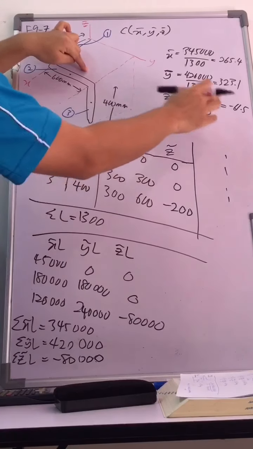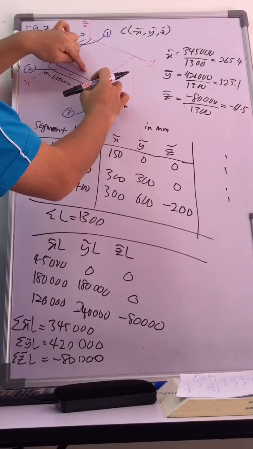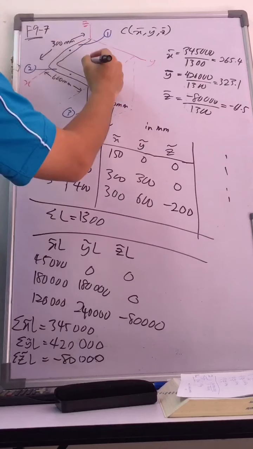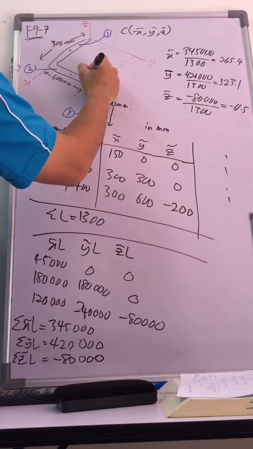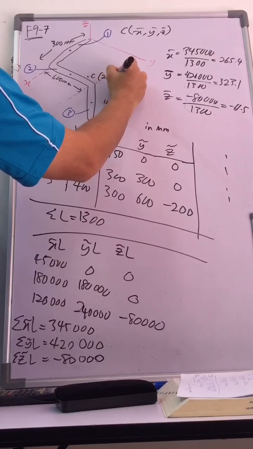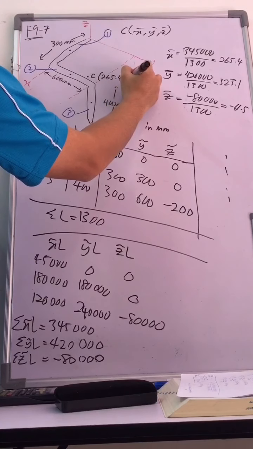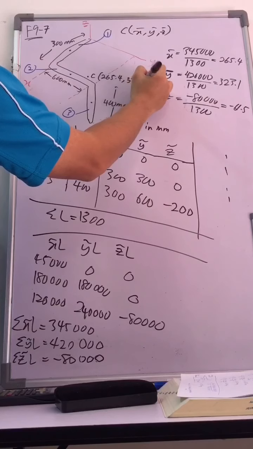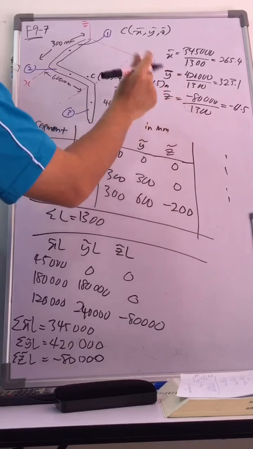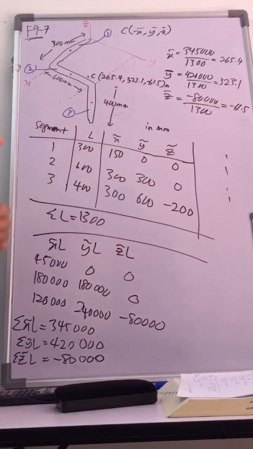So 61.5 is even less than 1/4 of that, probably 1/8. So go down a bit and then probably somewhere here. Then this centroid is 265.4, 323.1, minus 61.5, which is the coordinate. Alright, can you see that actually the centroid of this bent wire is outside of the body.